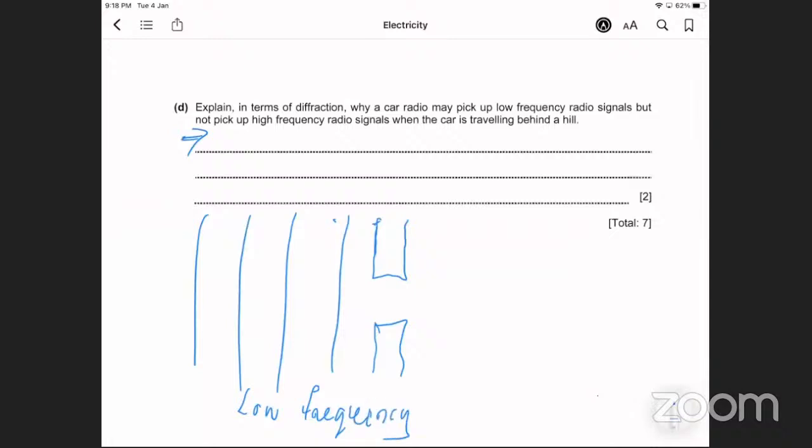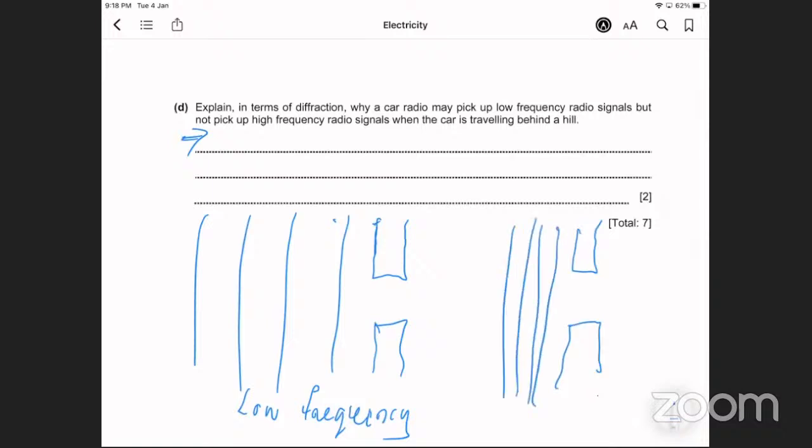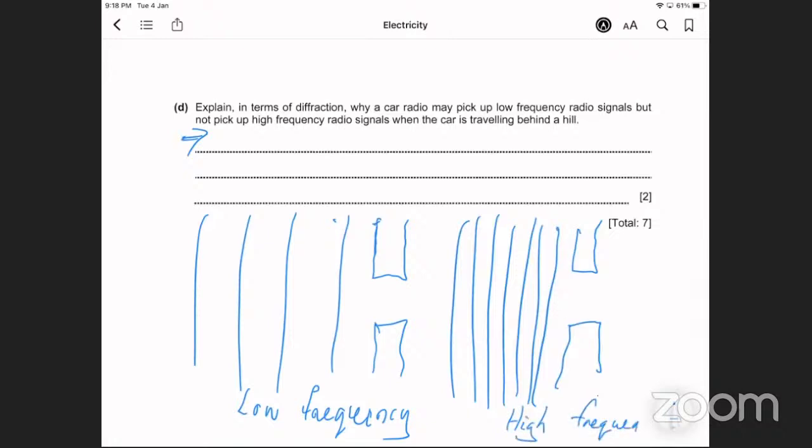And then I have my gap, same type of gap, but then my high frequency. What is happening there? Who can explain to me? That should be a bit of a hint so that you guys can think about it as well. Anyone would like to try?